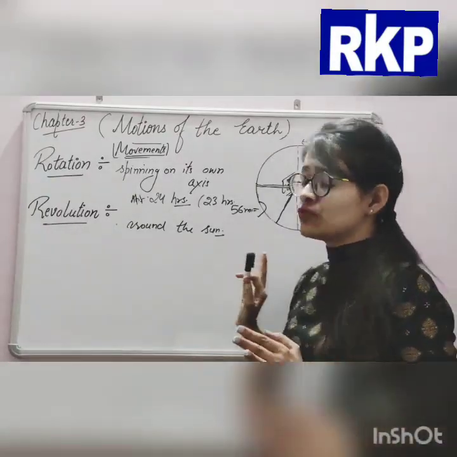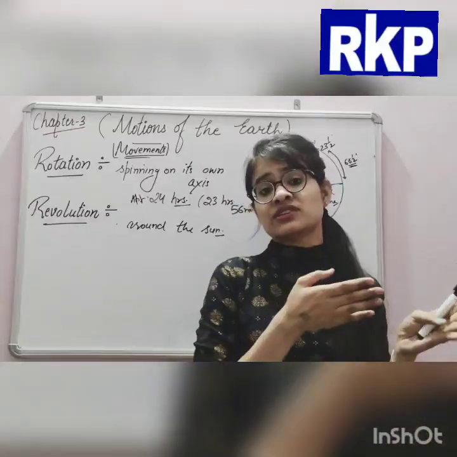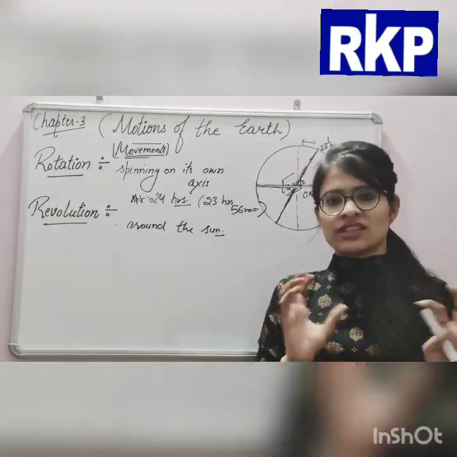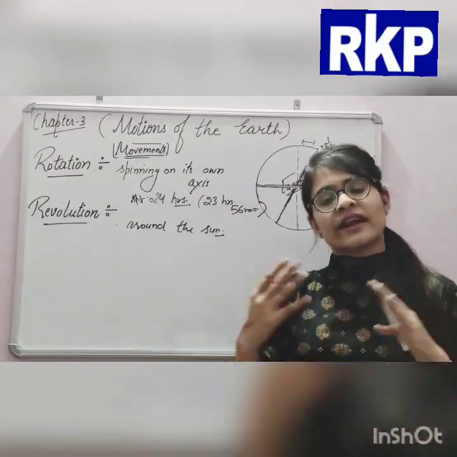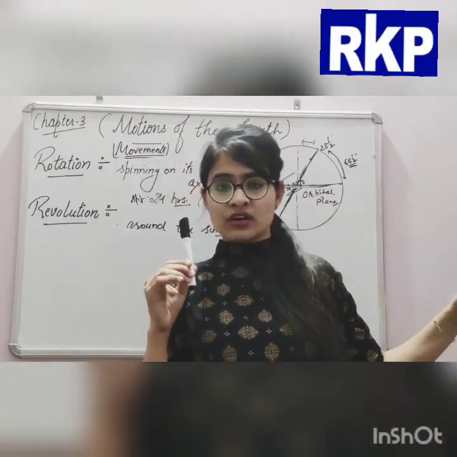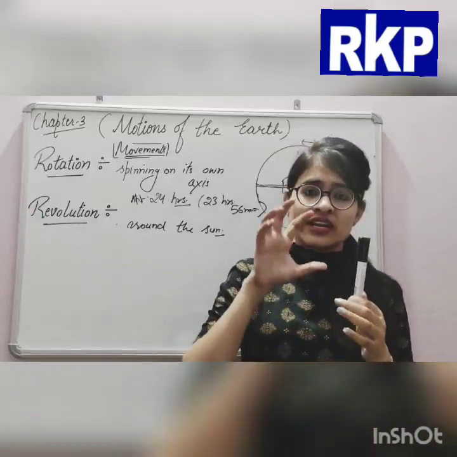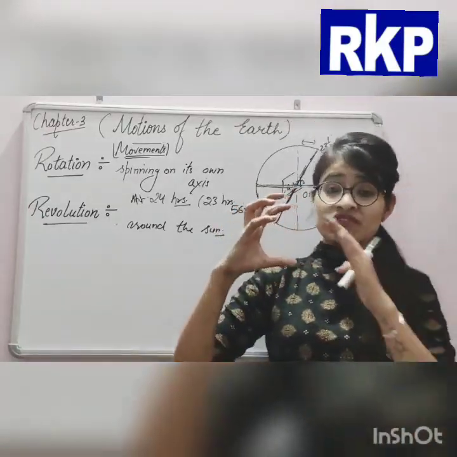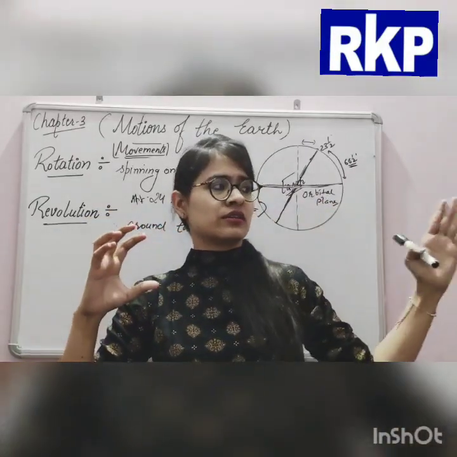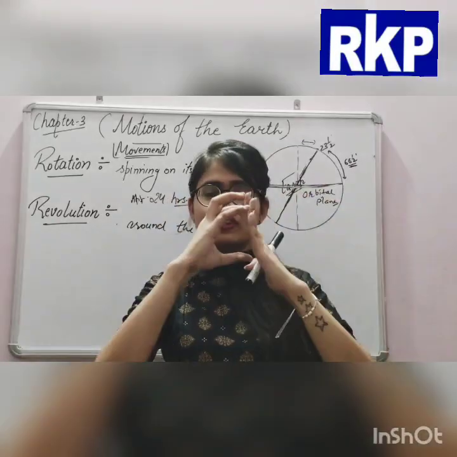So next, this is the daily motion of the earth, rotation. It is the daily motion, that's why we experience day and night. Obviously, if the sun is in front of the earth, due to its spherical shape, only the part facing the sun will be receiving the heat.